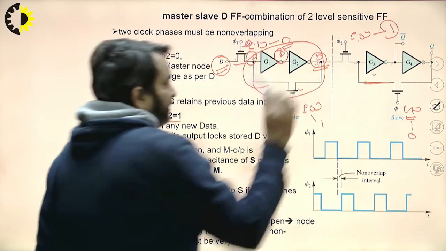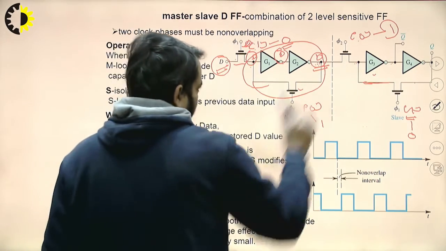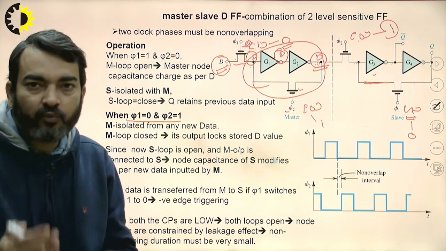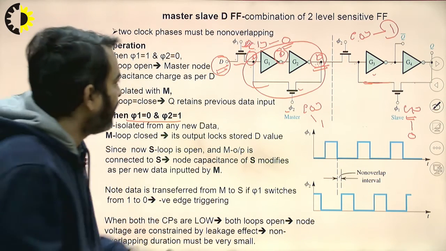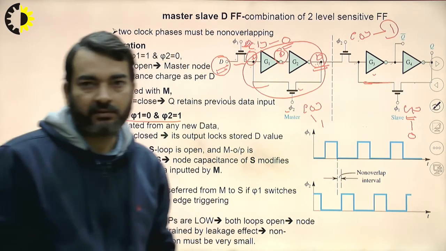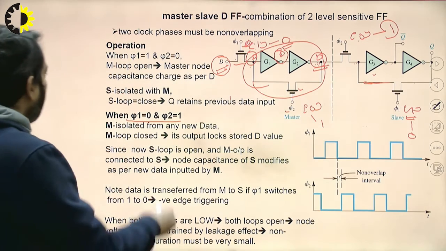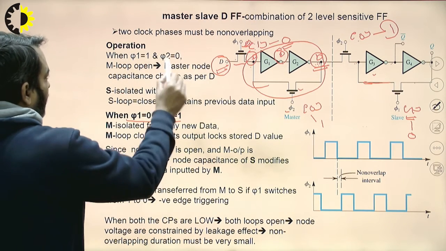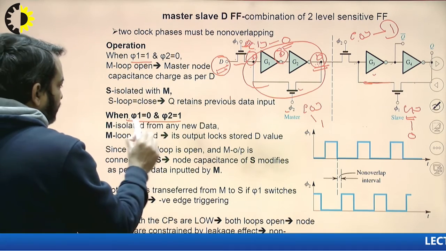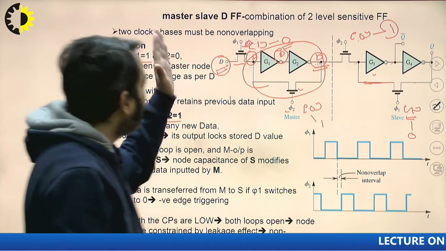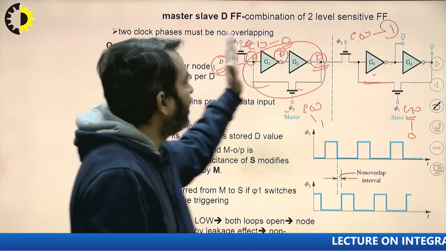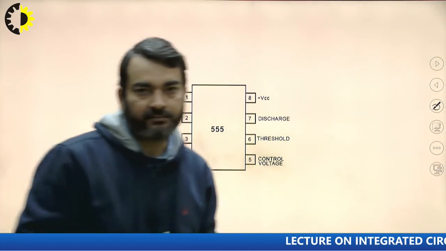Now if we see in totality, at which point is data processed from master to slave? When clock phi 1 is moving from 1 to 0, this data D will move from this point to this point.